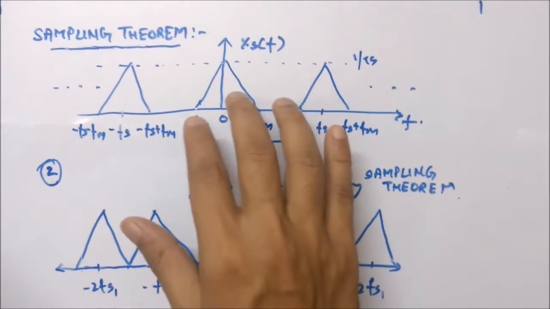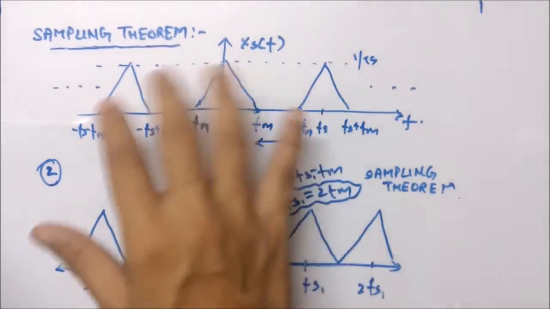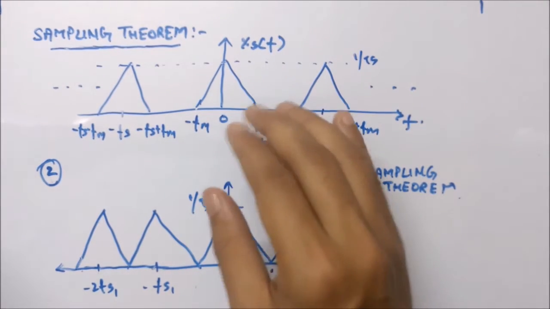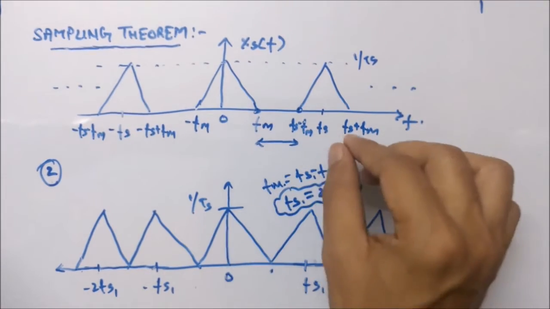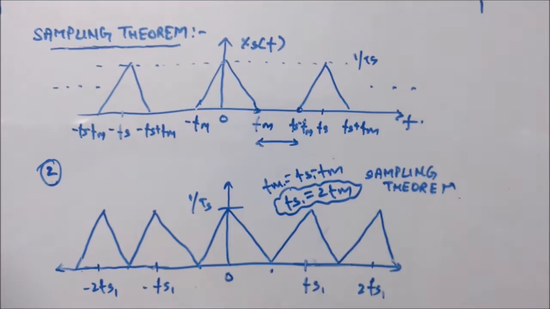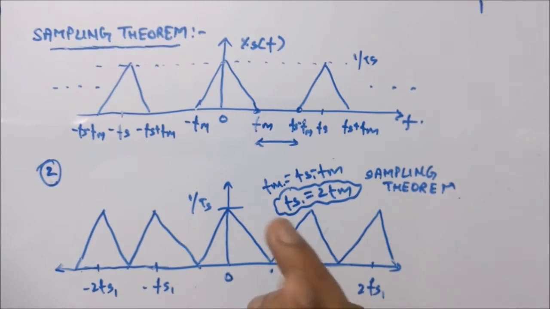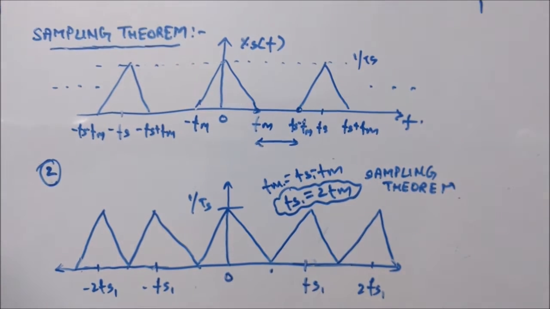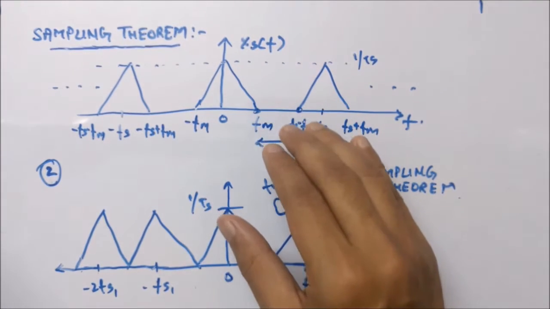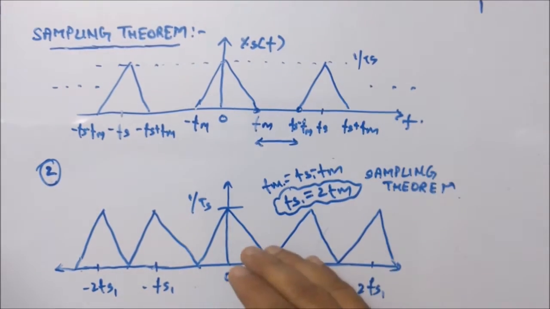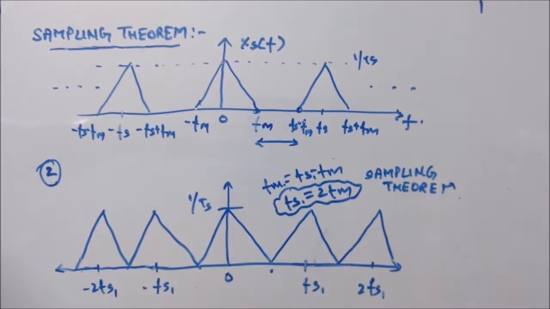This is the signal you get when you sample x(t) at frequency fs, and this is the signal you get when you sample with the sampling frequency fs1, where fs is greater than fs1. So this is the signal I got with a higher sampling rate, and with a lower sampling rate I got this.